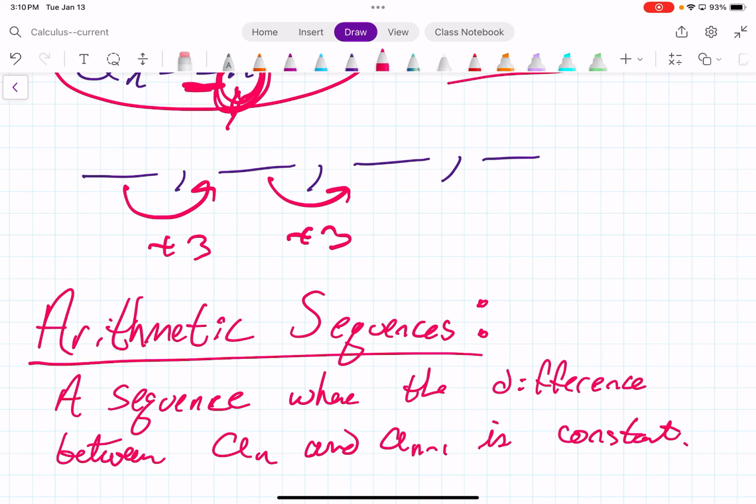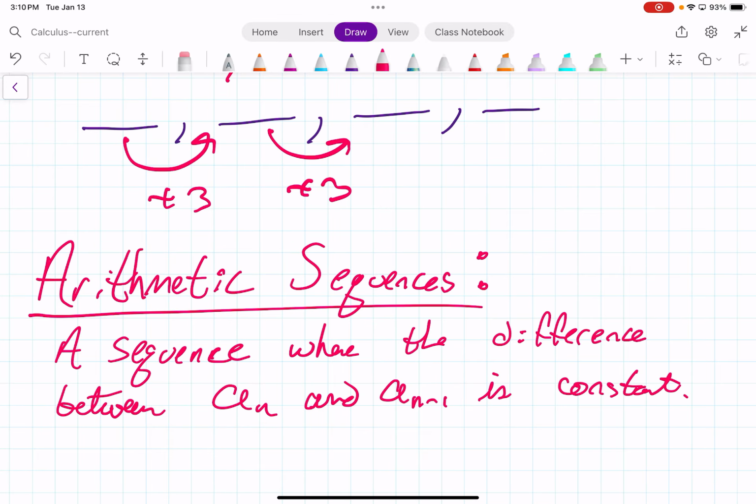We literally call that value d, which is the common difference.